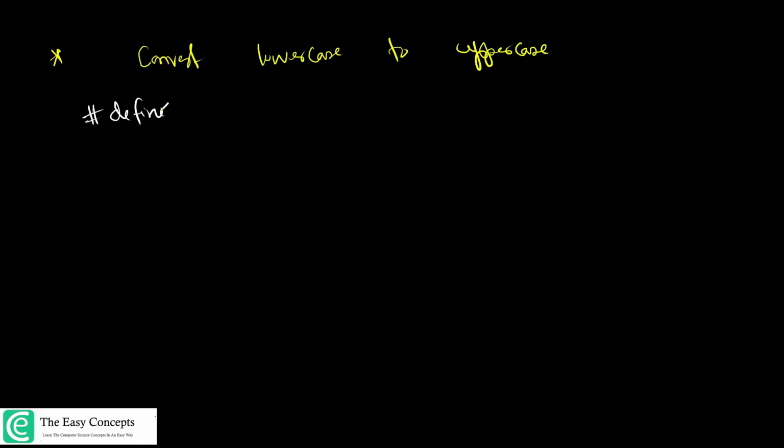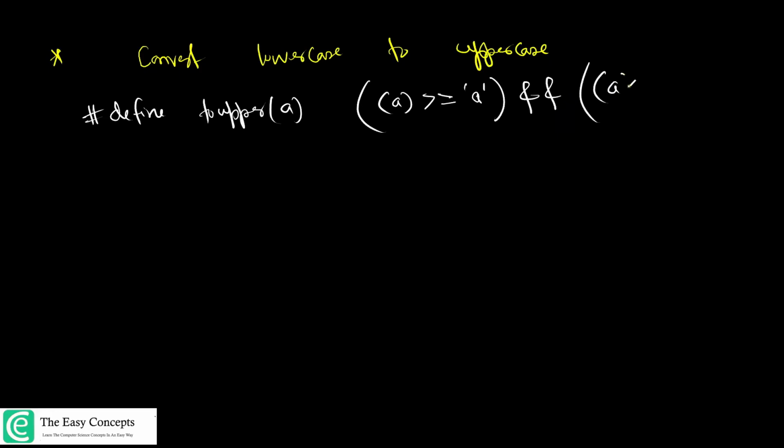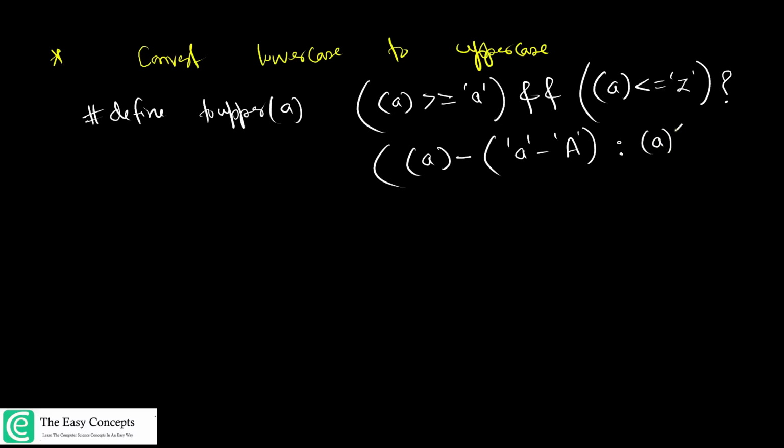So #define TO_UPPER, and how it does it: if c is greater than or equal to small a, and c is less than or equal to small z, if this is true, use the ternary operator here, then the answer should be whatever character we are getting minus small a plus capital A. Otherwise, use the character as it is. Okay. So we want to convert lowercase to uppercase using this macro.